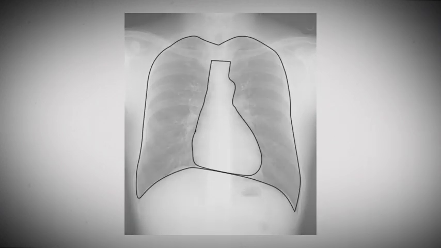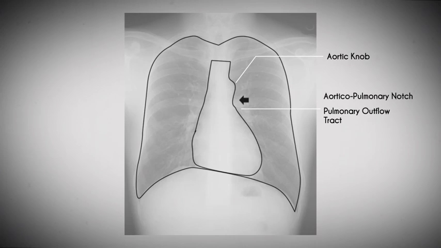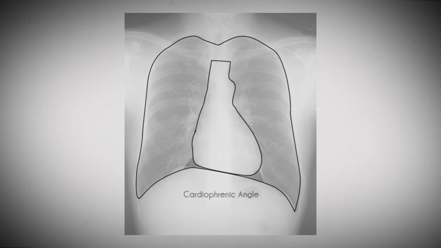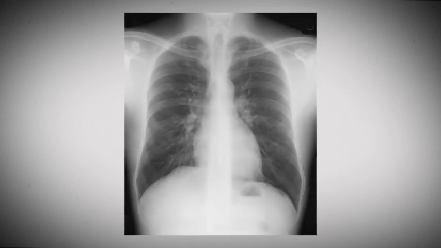Going back to the schematic, note the same structures: the aortic knob, the pulmonary outflow tract, and the normal concavity or indentation of the aortopulmonary notch or window, the cardiophrenic angle between the heart and the diaphragm, and both the right and the left costophrenic angles between the diaphragm and the rib cage.